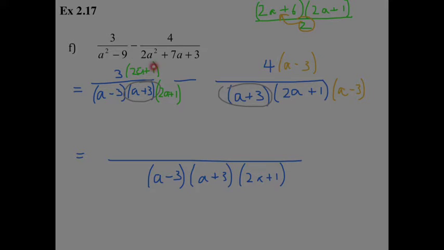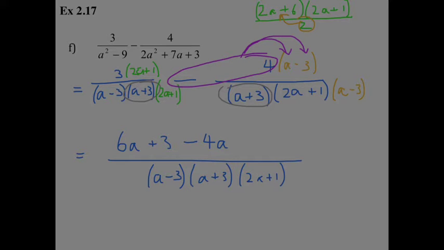expand the top. I've got a 3 being multiplied to 2a plus 1. So 3 times 2a gives 6a. 3 times 1 gives 3. This next bit, be really careful, because it's negative 4 times a and negative 4 times negative 3. Negative 4 times a gives negative 4a.